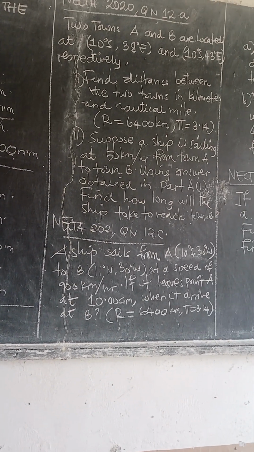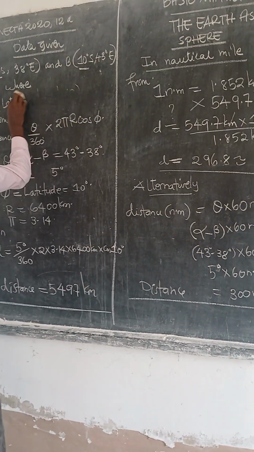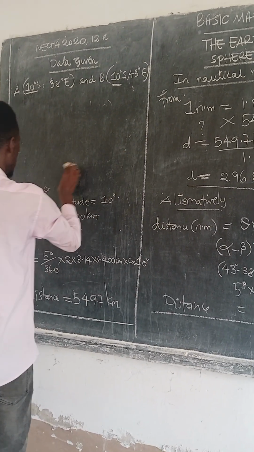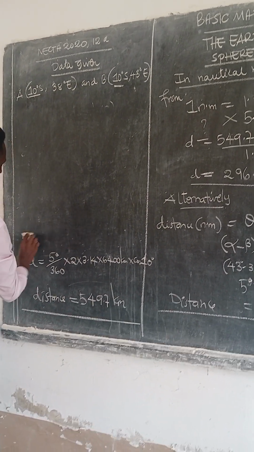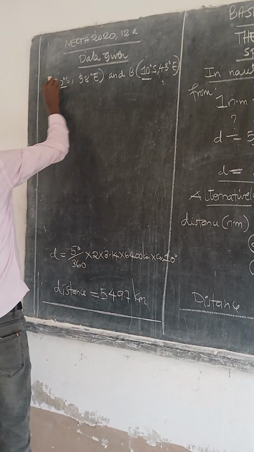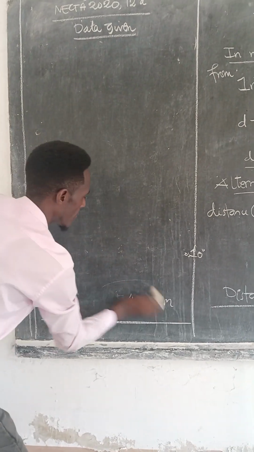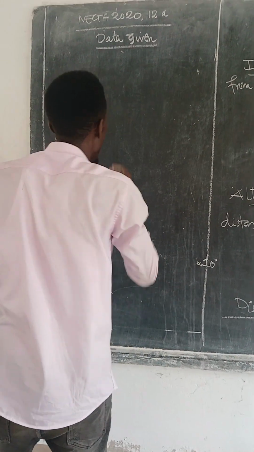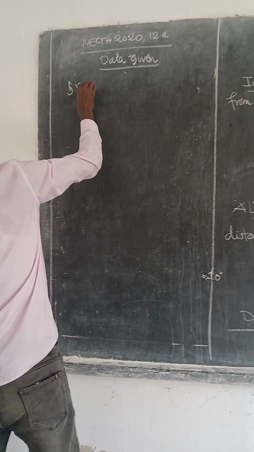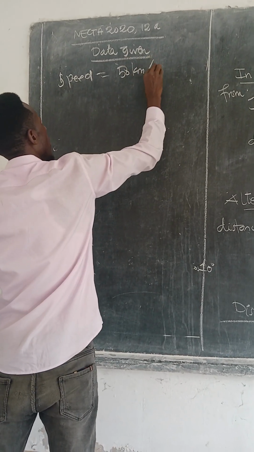We know the speed. Let me label here to obtain the solution on that part. On the second part, it is very simple, you have the data given here, that you have the speed equal to 50 kilometers per hour.